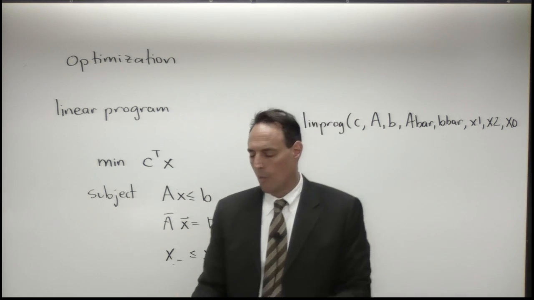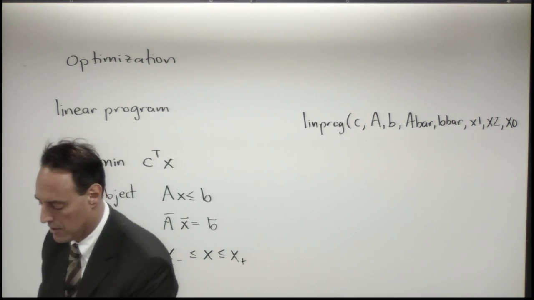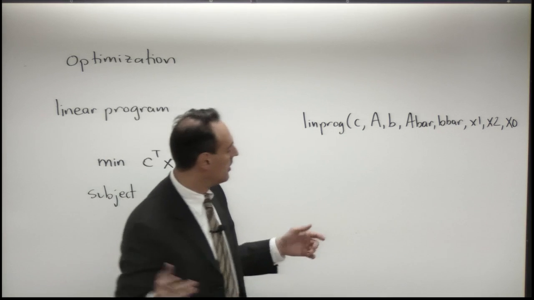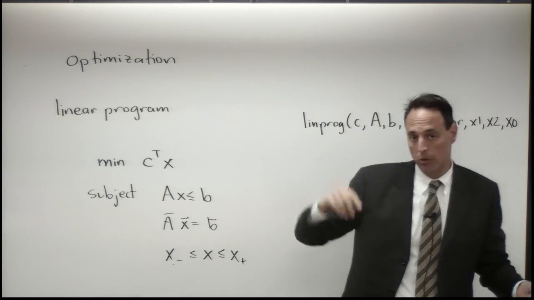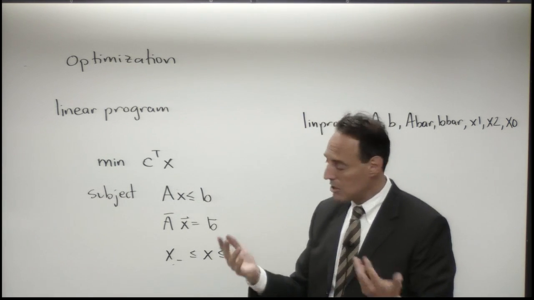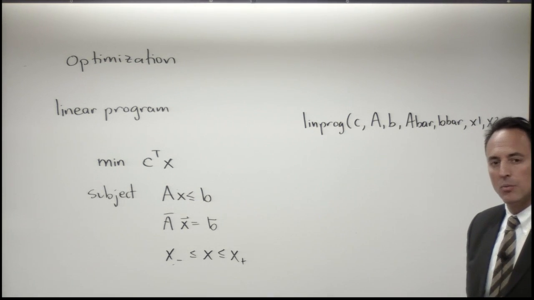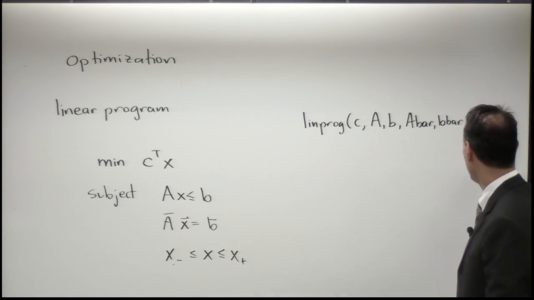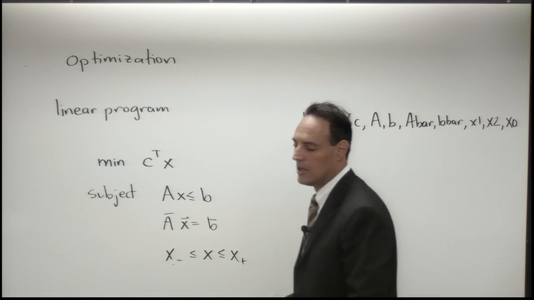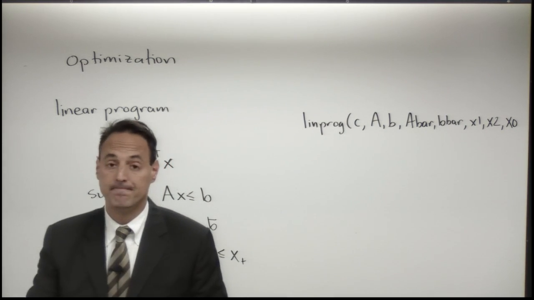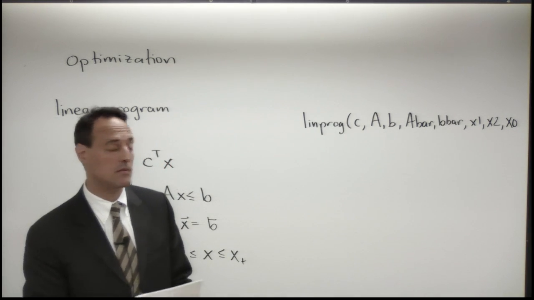By the way, why does it always give you this initial guess? Presumably, you are the expert in the loop. You maybe know something about the problem. You have some idea of what kind of solutions might be reasonable. And based upon that, you might be able to give a good value for x naught. That's the assumption.